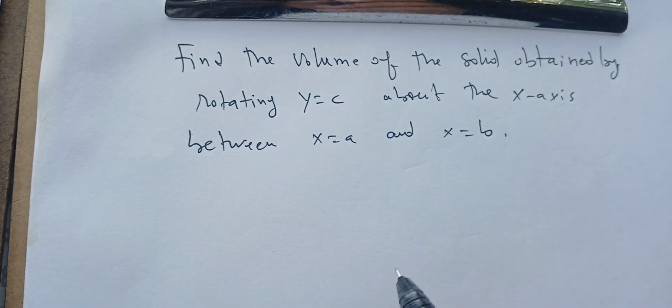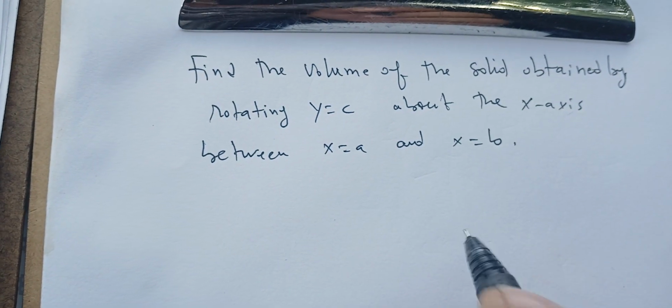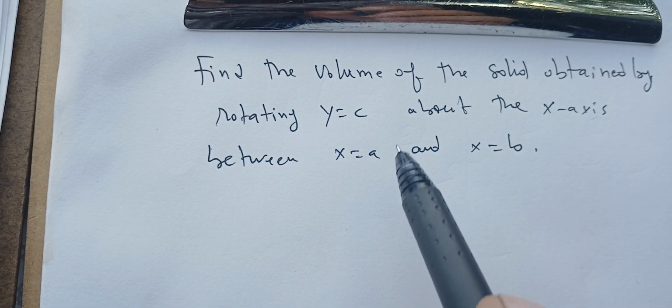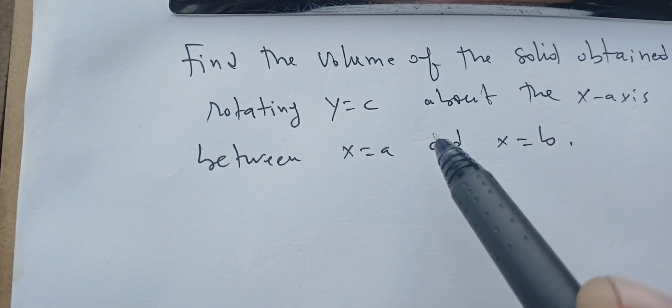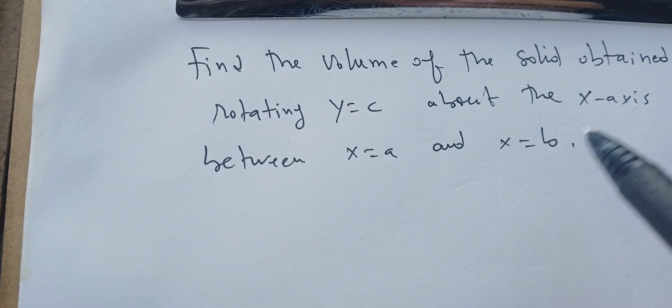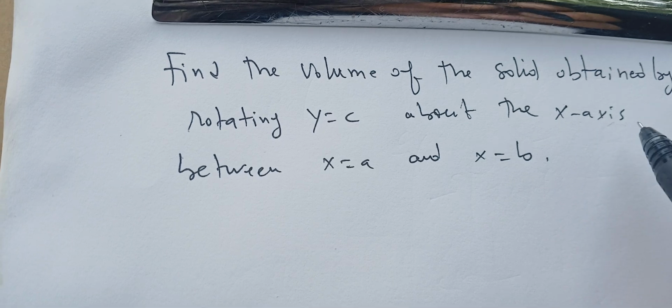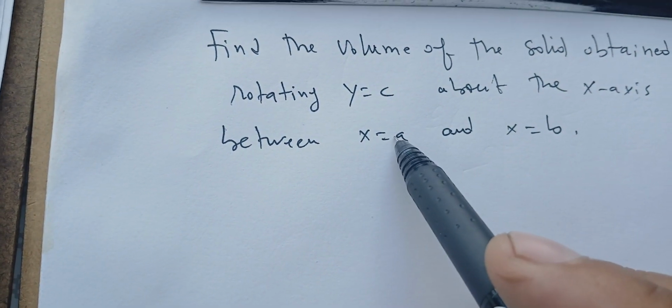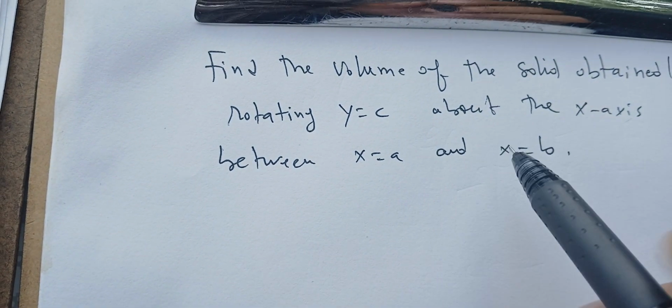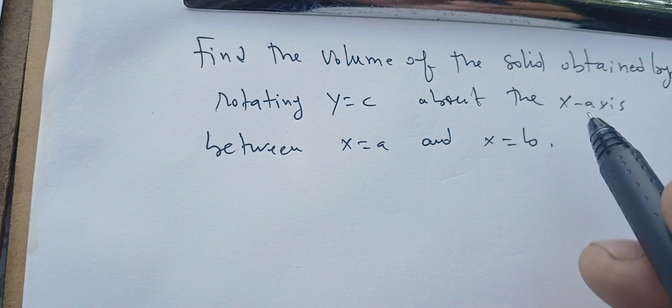Let's find the volume of the solid that we're going to obtain by rotating y equals c about the x-axis between x equals a and x equals b.